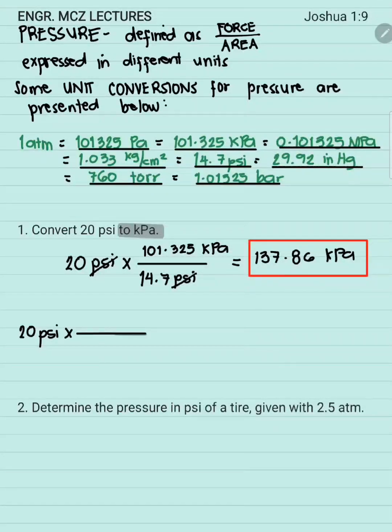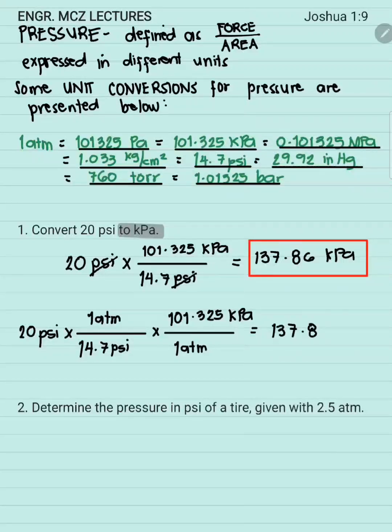If you know that for every 14.7 psi there is 1 atmosphere, and for every 1 atmosphere there is 101.325 kilopascal, we will get the same answer, 137.86 kilopascal.